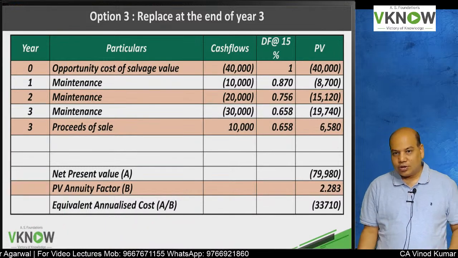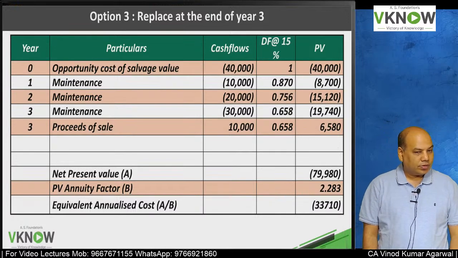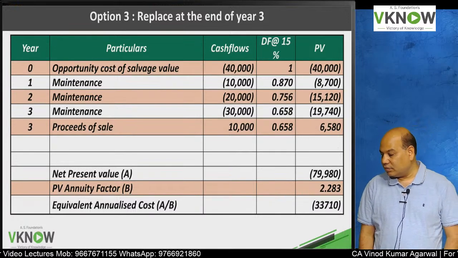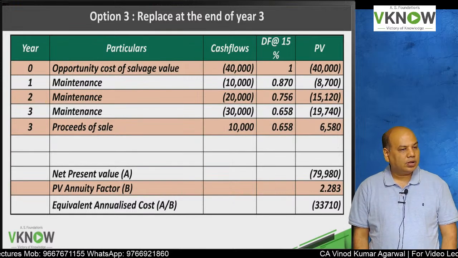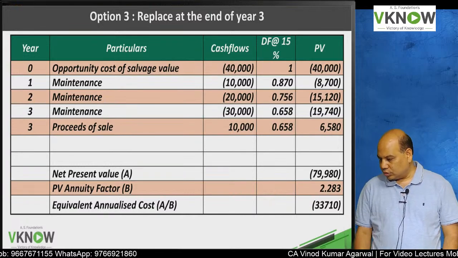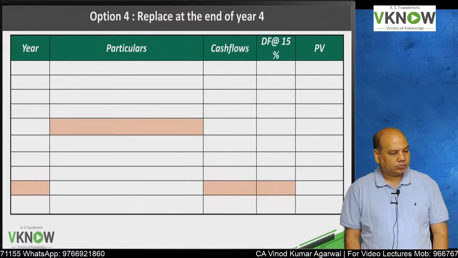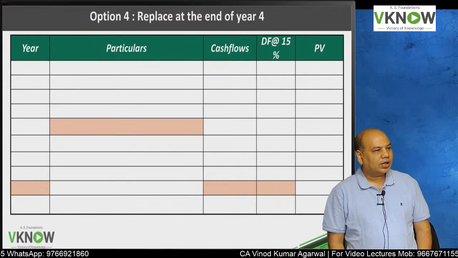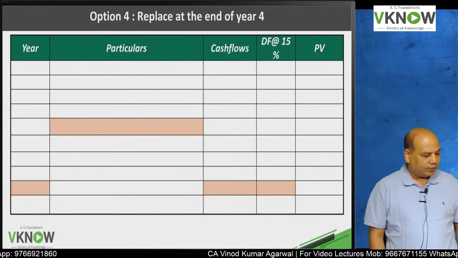Come on student, equivalent annualized cost. Check the answer. Is it 33,710? Okay. Now write down option 4. Replace at the end of year 4.